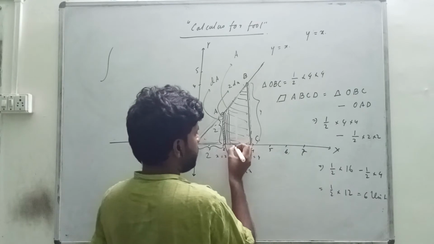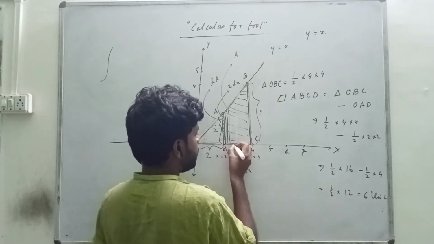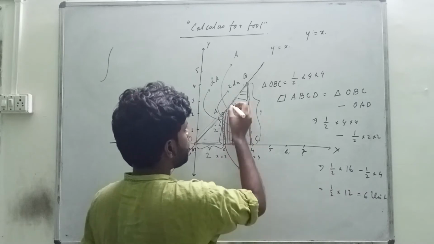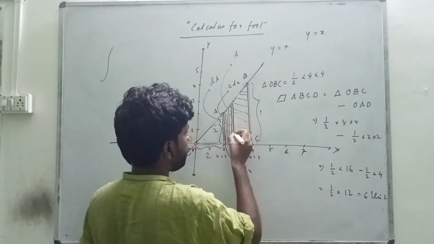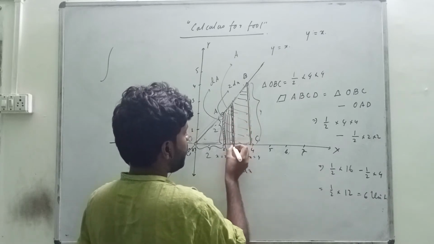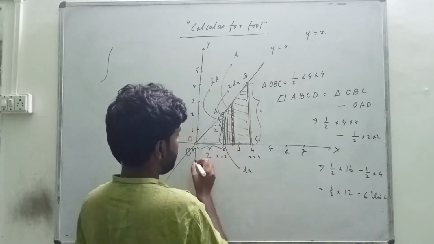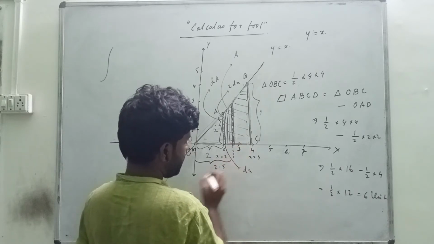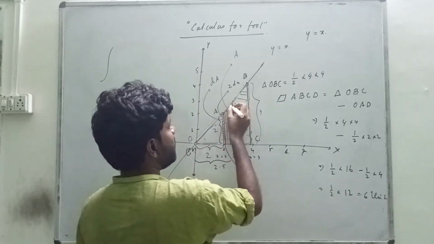Then, if I introduce an area over here, we just name it, and this point is 2.5 here, right? It's 2.5. So what is the y?